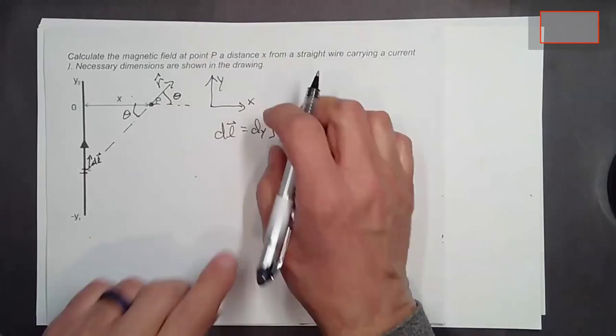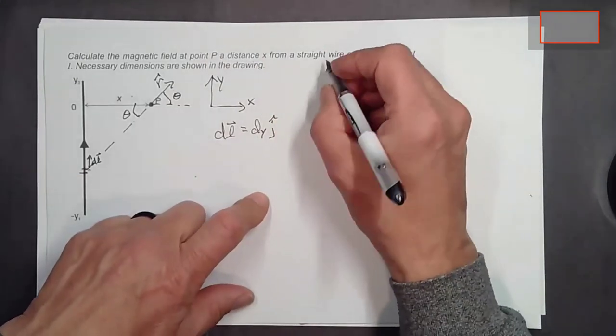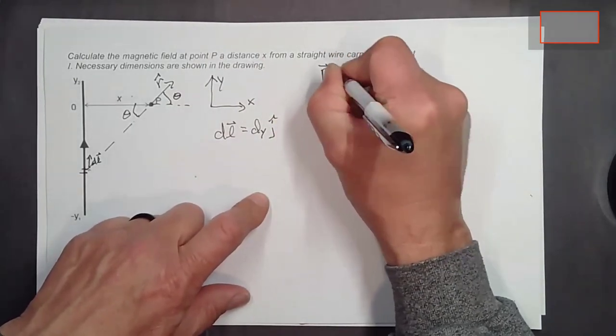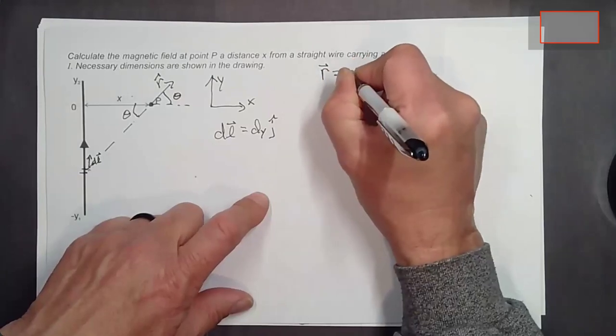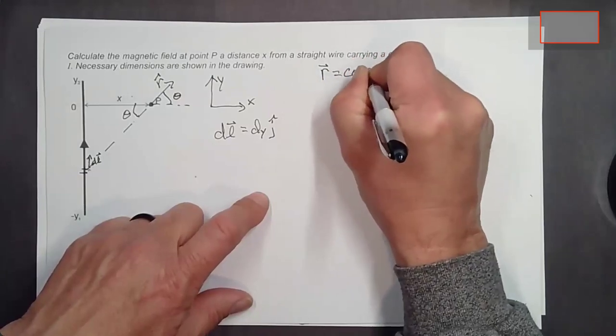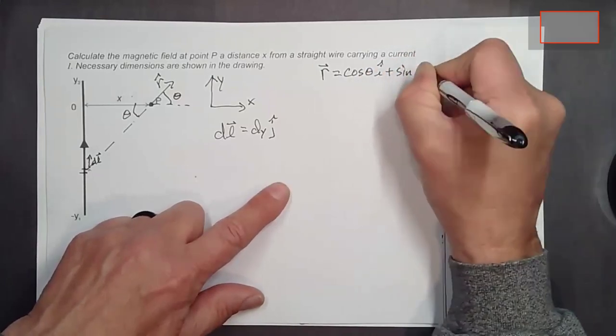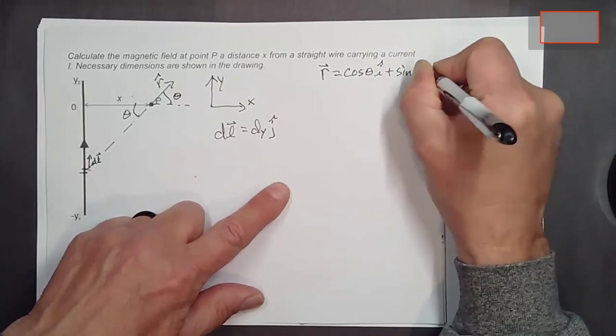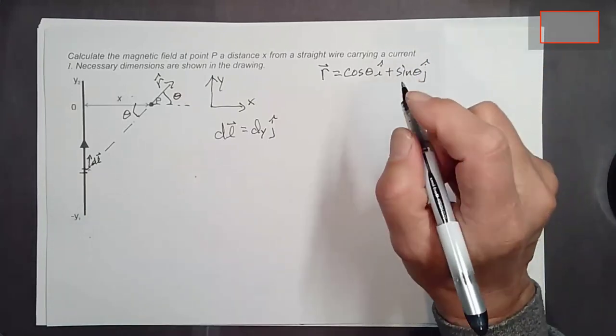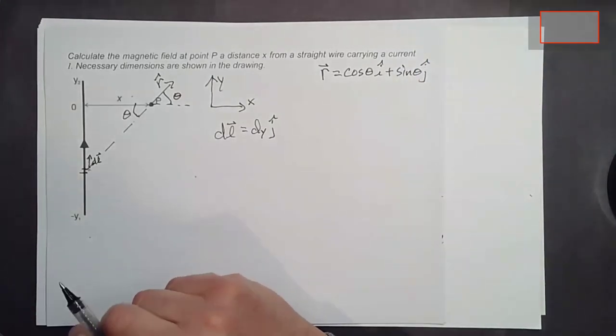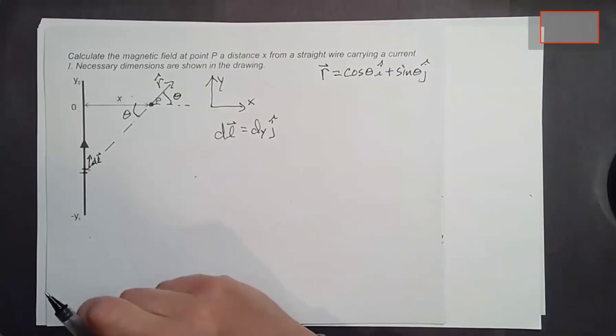And I guess my r hat, I could think of it as being cos theta in the i hat direction plus sine theta in the j hat direction. So I have that.